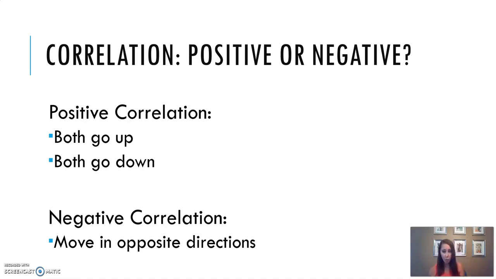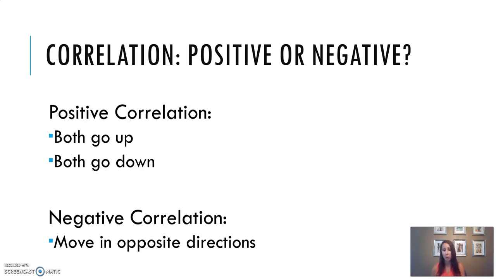A negative correlation is when the variables that you're looking at are moving in opposite directions. So one thing is going up as another thing is going down. Like if I were to say, we have research showing that the higher the frequency of alcohol consumption among college students, the less consistent their course attendance is.